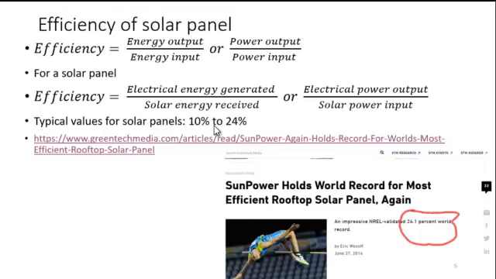The world record seems to have reached now 24%, according to this recent newspaper, or actually website article, so I'll let you look it up later. Most panels are on the low end, and of course the price goes up with efficiency. I didn't check the price of these panels, but a 24% panel would probably be a lot more expensive than the 10% panels.